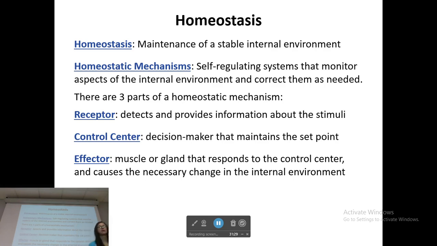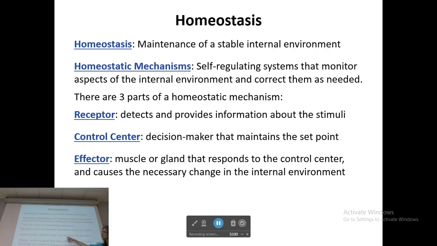Let's say your blood pressure starts to go up, right? Your body's response would need to be to bring it back down to normal. Okay? So a receptor is going to detect that the blood pressure is increasing. All right? And it provides that information to other parts of the body to help to maintain a balance.